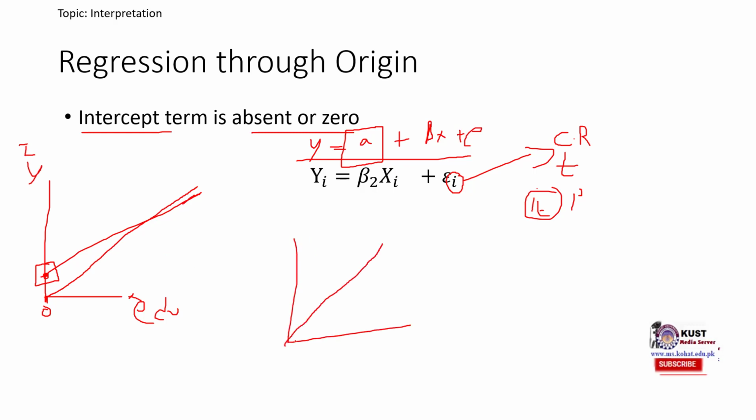This is how it would look. It would pass through the origin, and origin is 0. In that case, that would suggest that if someone has a 0 level of education, then his salary would also always be 0. It wouldn't make sense in the case of education and salary, but in another example that we will discuss, it would make sense.